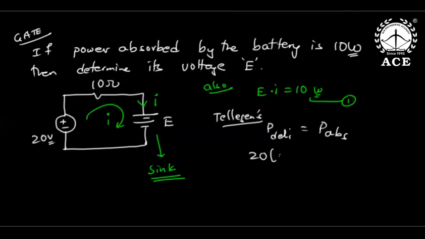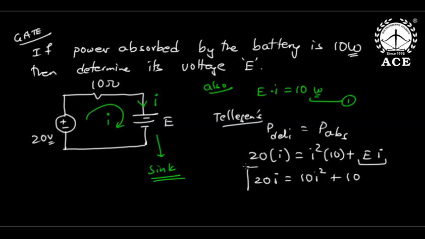So 20 into I is equal to I square into 10 plus E into I, and E into I is 10.